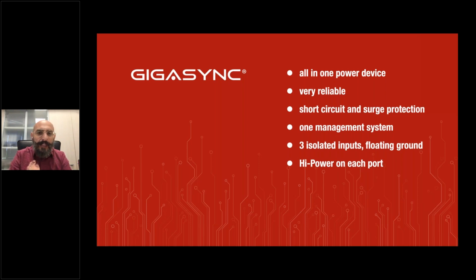And every port is high power, up to 3 ampere each port. 3 ampere, it's a lot of power, up to 150 watts each port, 12 ports maximum. You can monitor every port, every tension, every load, shut down every port, make a power cycle. It's protected against short circuit. Later I will show you how it works.